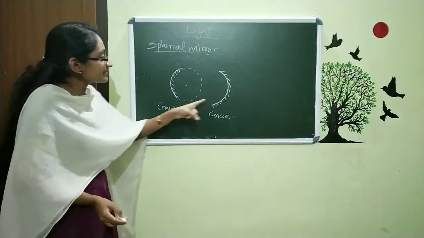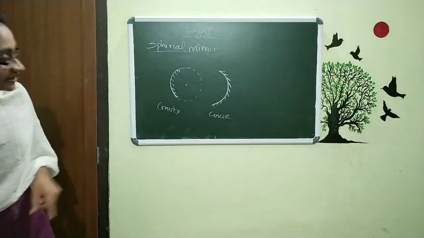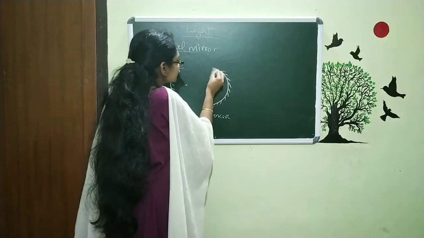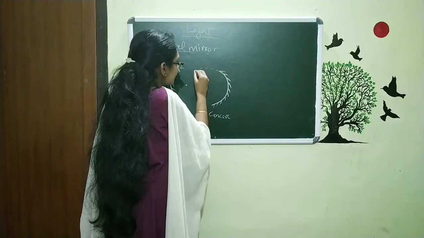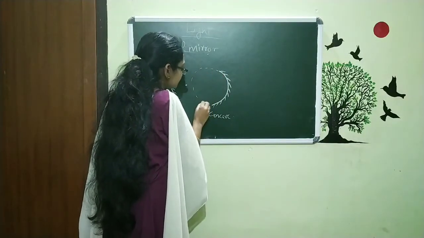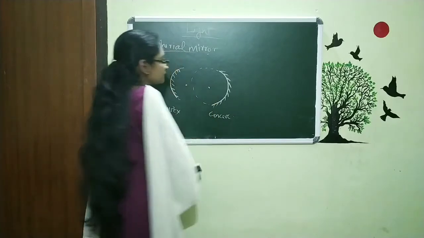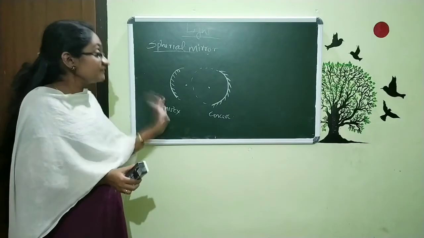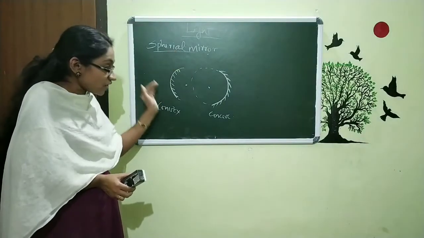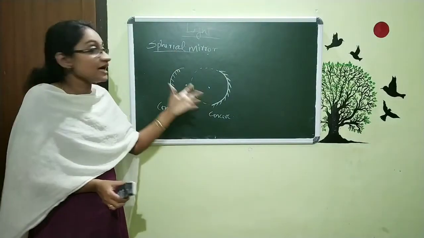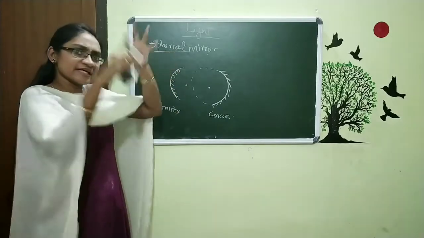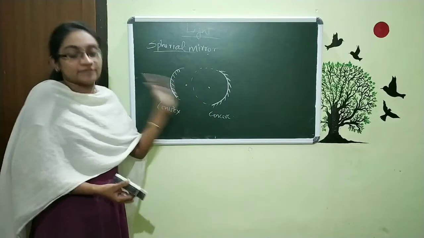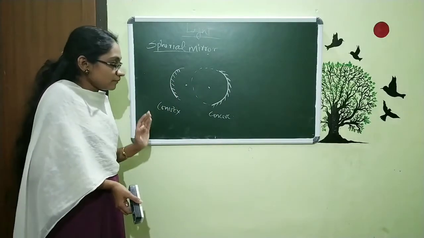Or when I am extending our concave mirror, there also, what can you see? You can see the same sphere. So simply we can say this convex mirror and concave mirror are parts of a spherical ball, and that's why it is called a spherical mirror. So this is all about this.